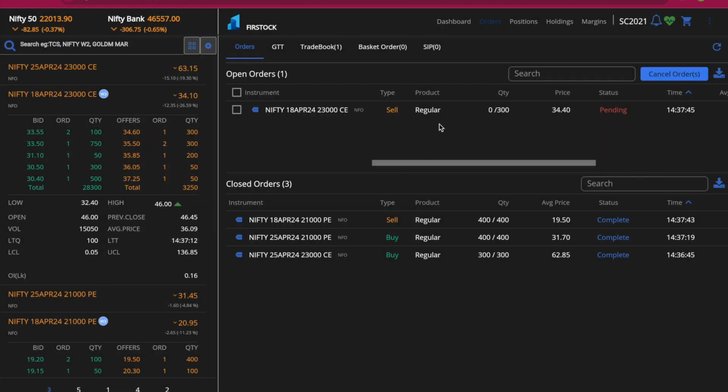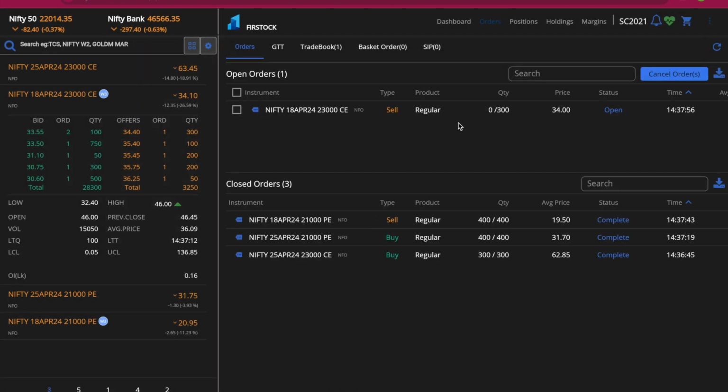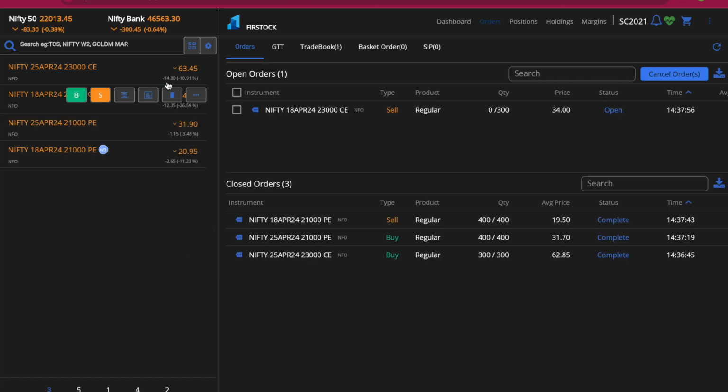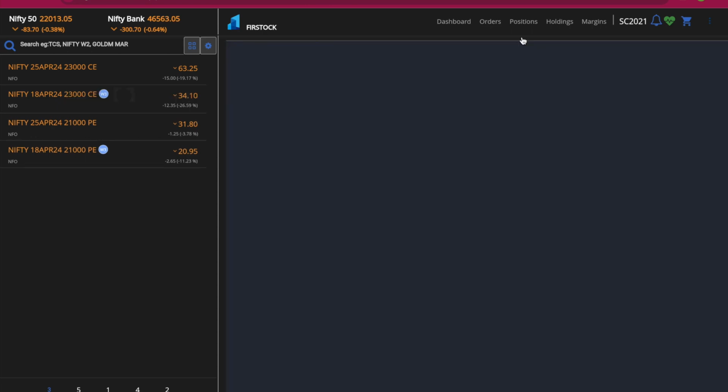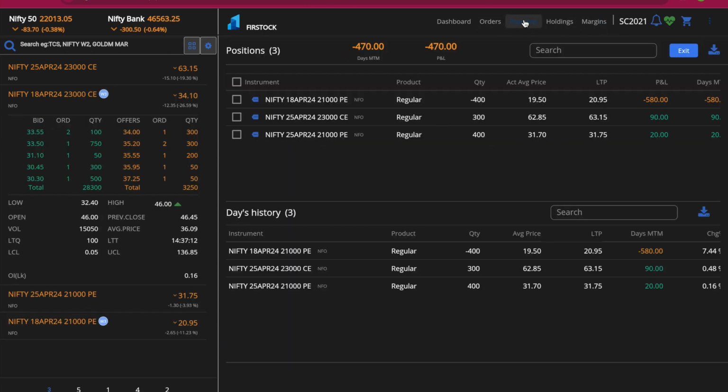So order is pending. This is very bad. Yes, very bad. Situation is very bad for the CE. The liquidity is quite low. See, the positions are quite disbalanced, as you can see.